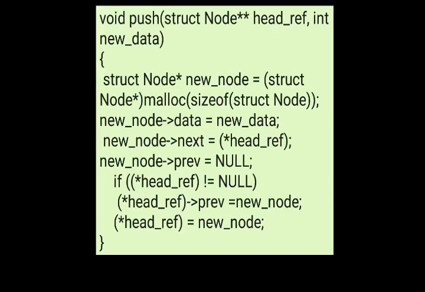Then make the head pointer point to the new node's address, that is, the head pointer pointing to E's address.